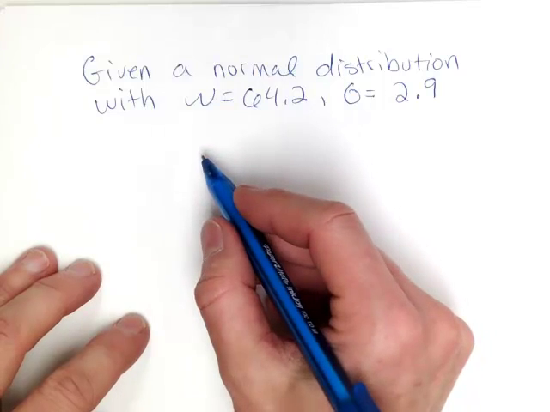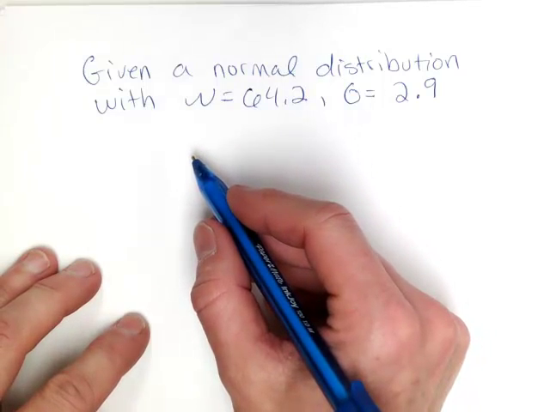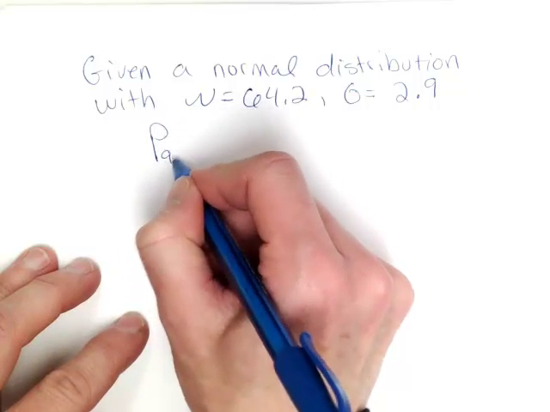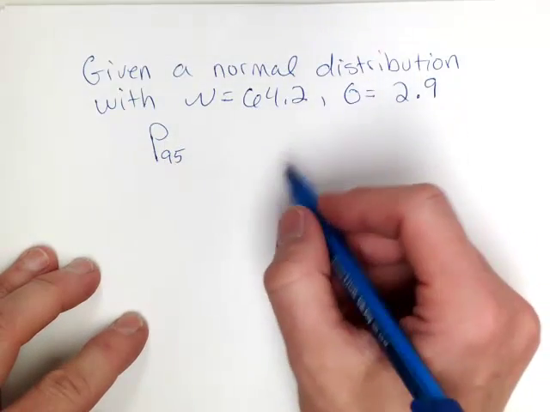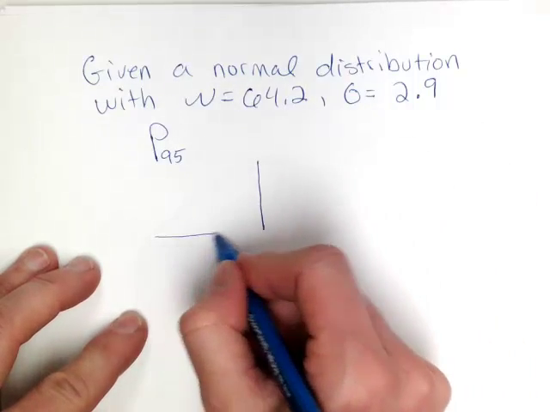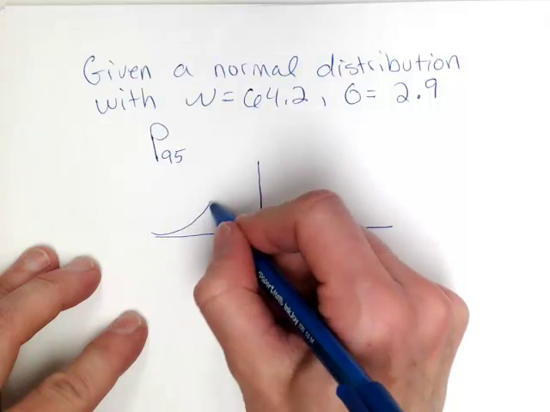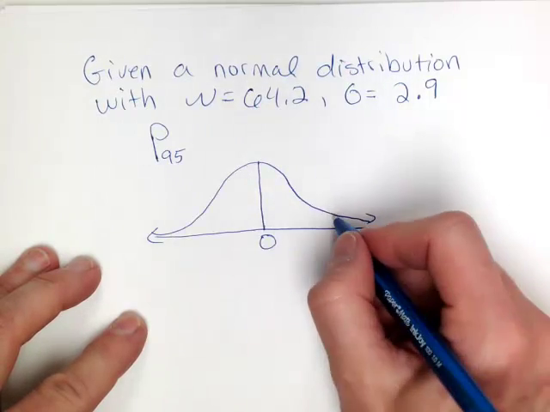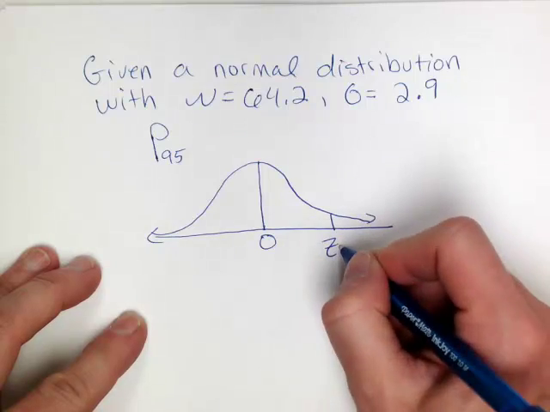So the first part is what height represents the 95th percentile. So what they're asking for is p sub 95. So I want to go ahead and sketch a standard normal distribution, and I first want to get this z-score.